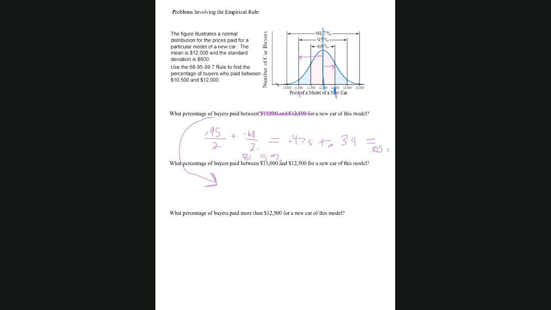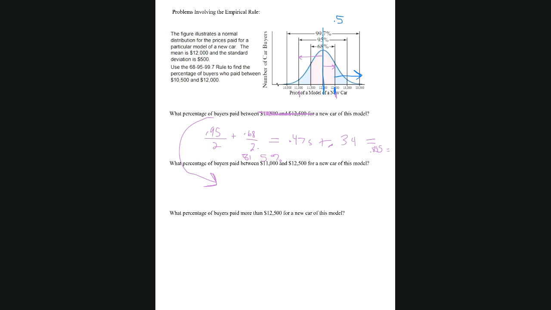So basically this whole side is 0.5, but I want more than that. So I want from here over. So all I have to do, if this whole side is 0.5, is subtract this part right here, and then I'll have what's left over here.